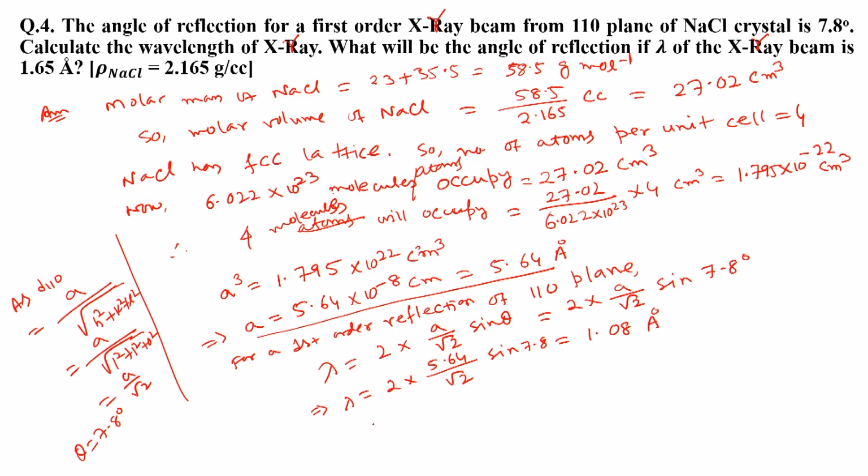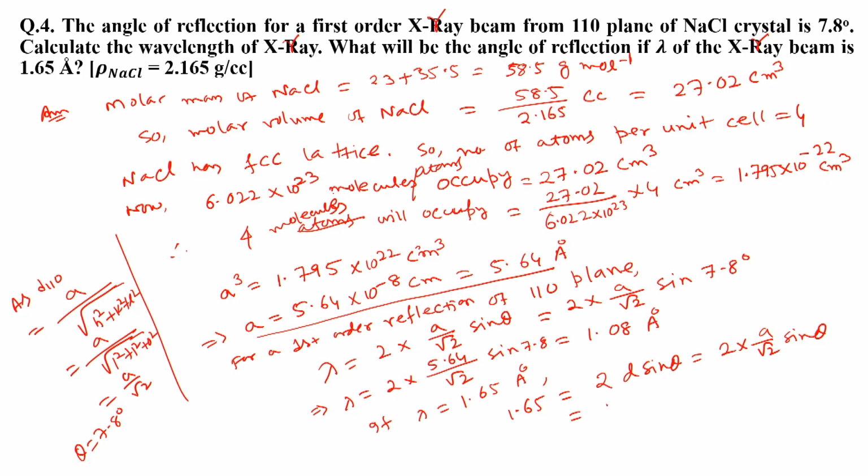Now another point is, if lambda is 1.65 angstrom, what will be the theta? Lambda is 2d sin theta, so 2 times a by root 2 sin theta.